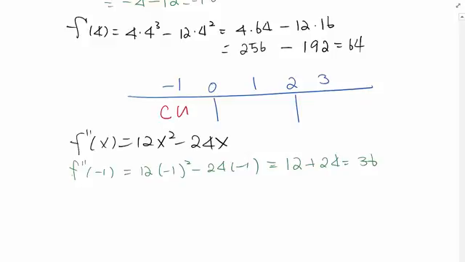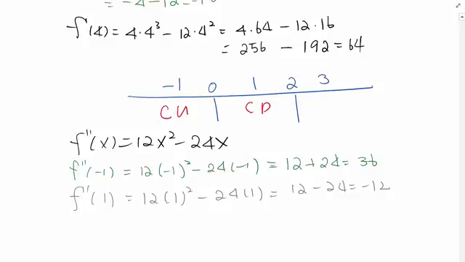Now f second prime of 1 equal to 12 times 1 squared minus 24 times 1, which means 12 minus 24 equals negative 12, which means on this interval concave down here.